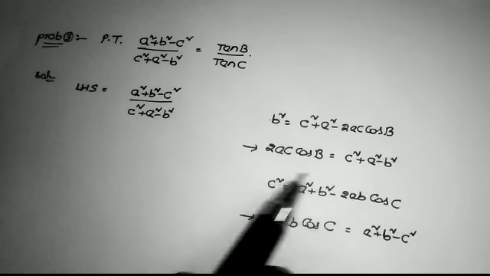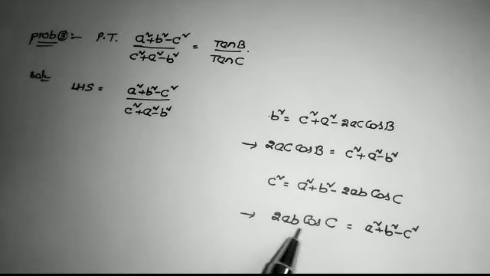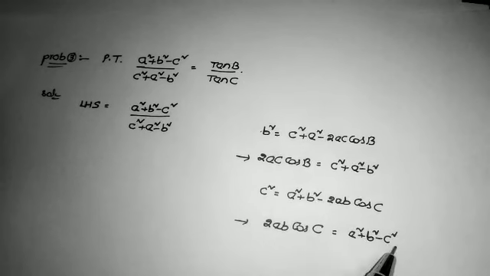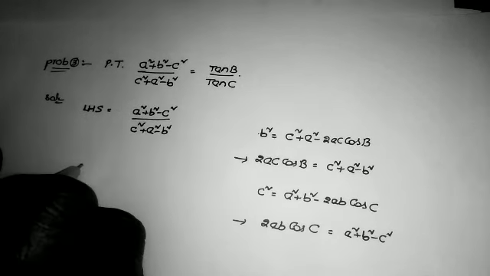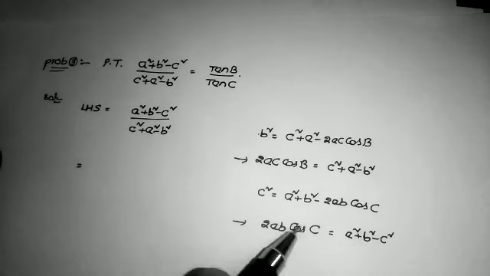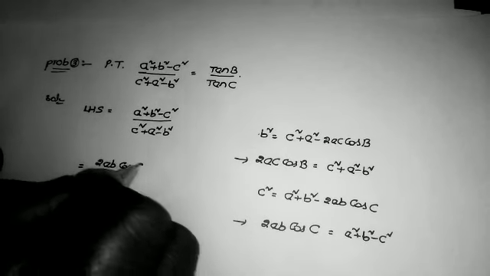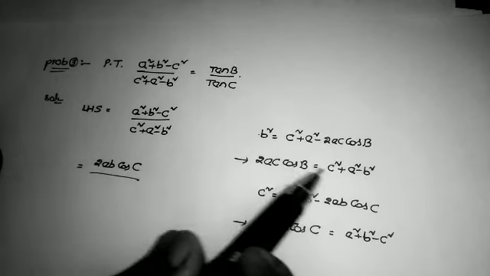I am writing this value here. And what is this? This is nothing but the numerator. So a square plus b square minus c square is the numerator. Now replacing the values. Numerator value is equal to 2ab cos c and denominator value is equal to 2ac cos b.